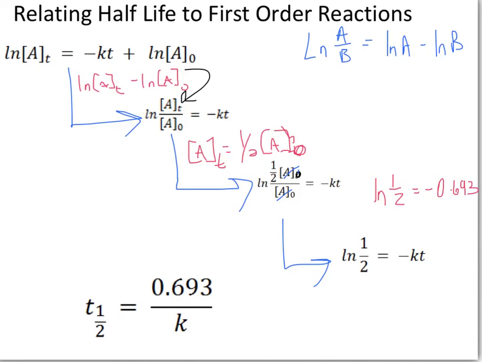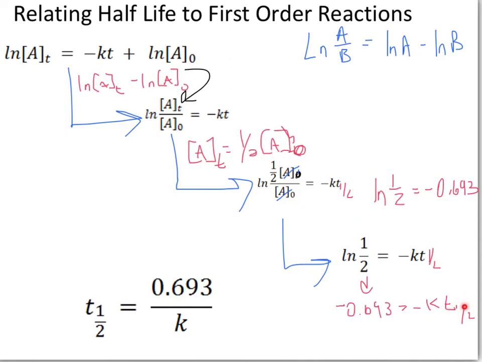I skipped a step here, going from here to here: we end up with negative 0.693 equals negative kt. And this would be t to the half, by the way, because of what we substituted in right here.